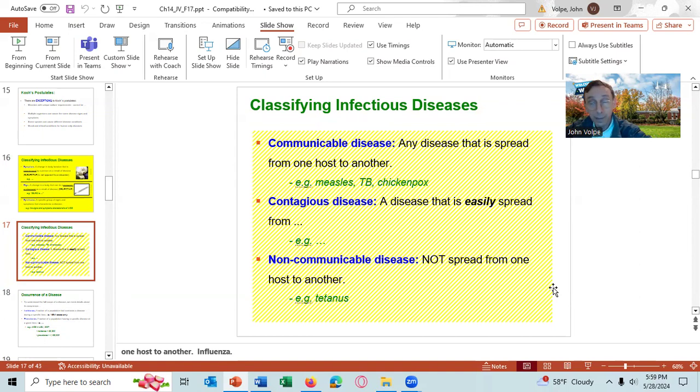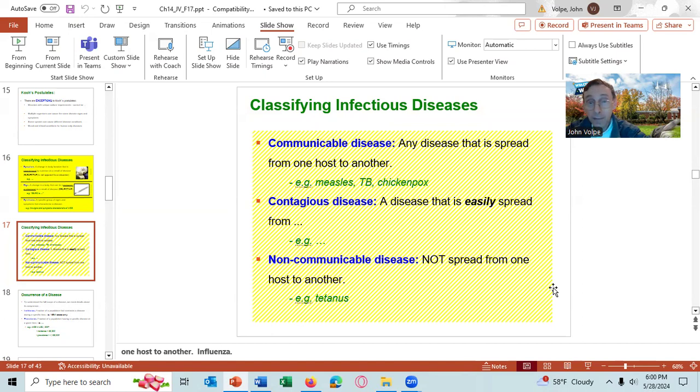Can anyone give me an example of a contagious disease? A disease which easily spreads. Chickenpox. Chickenpox is a contagious disease. Anyone else? There's actually lots of them. COVID-19. Yeah, COVID-19, a contagious disease.